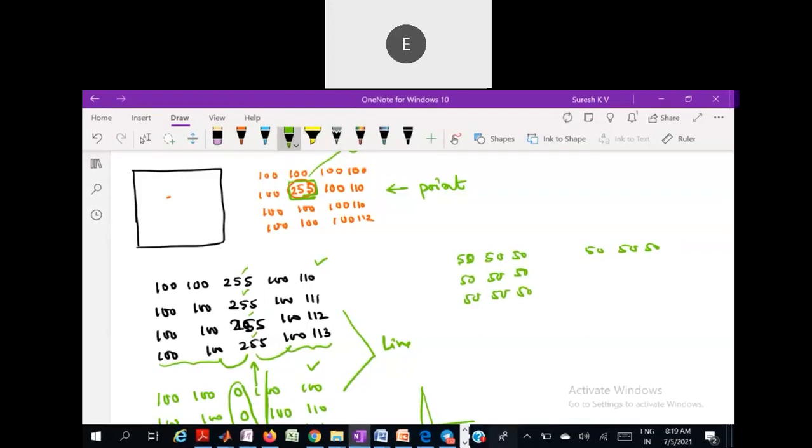Only the line I have taken three columns, 255, 255, 255. That means just to make it visible, all these are 255. Three columns will have the value 255. So it's a 3 pixel width line, and these values are 50. That's what I have done in this first case.